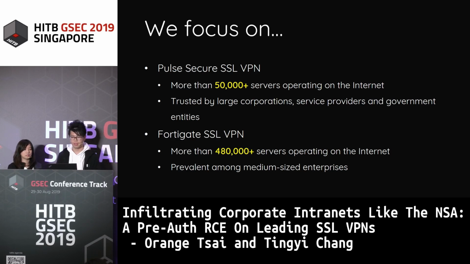ProSecure is the most famous VPN solution in the world and has the fewest high-level CVEs. It's trusted by large corporations, service providers, and government departments. Fortinet is more used by end users and medium-sized enterprises. It's common in Asia and Europe. Both vendors have few high-level CVEs, so our mission is to find pre-auth remote code execution on them.